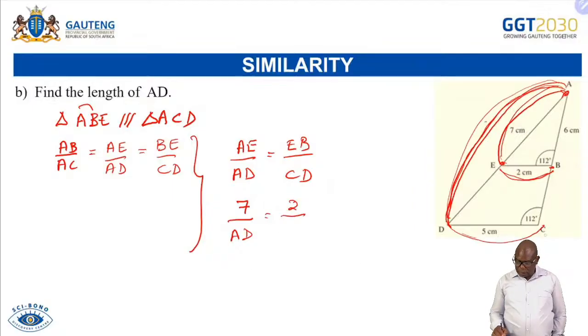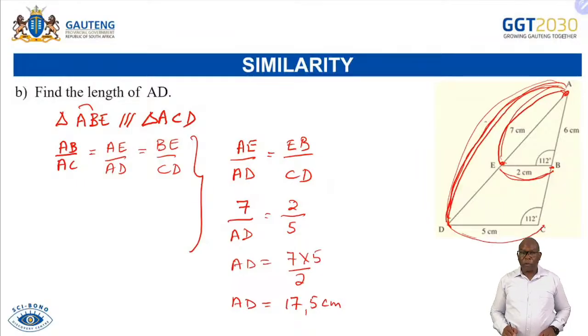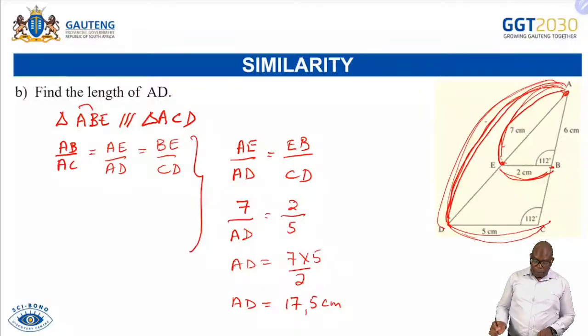And what is BC there? It's going to be 5. So AD will be equal to 7 times 5 all over 2, and then AD will be 17.5 centimeters. Right? So in this ratio, I can use those ratios, this over that, in any triangle.